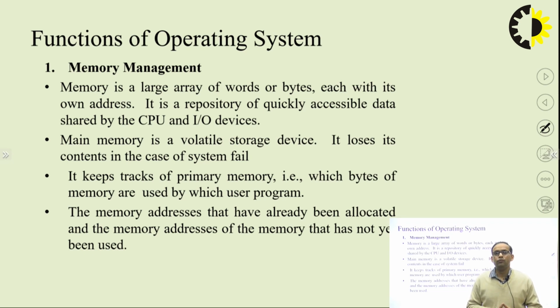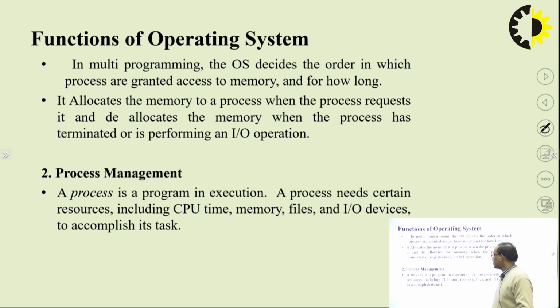Once a process has completed, it is the responsibility of the operating system to deallocate the memory space from the completed process so that it can be allocated to a new process. In a multi-programming environment, the operating system decides the order in which processes will be loaded into main memory. So in context to memory management, the operating system allocates memory space to the process, deallocates memory space from the completed process, and keeps track of how much memory is available and how much is in use.